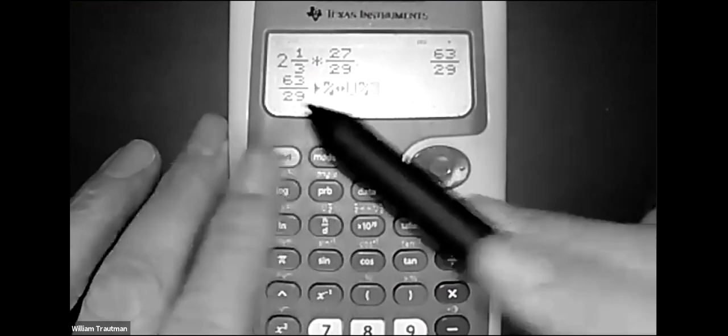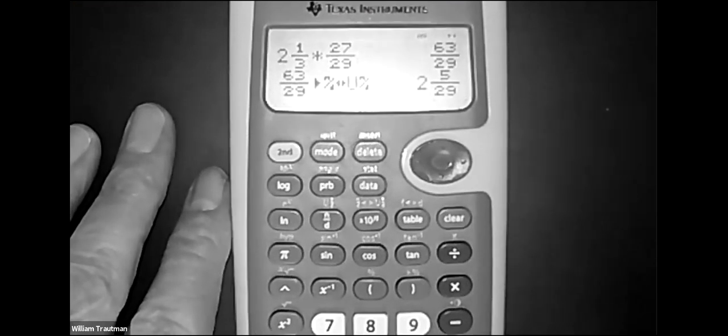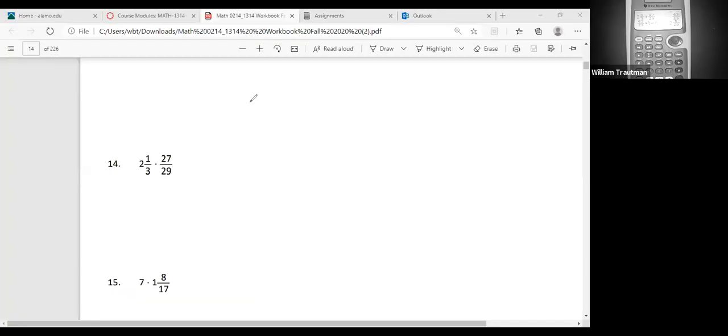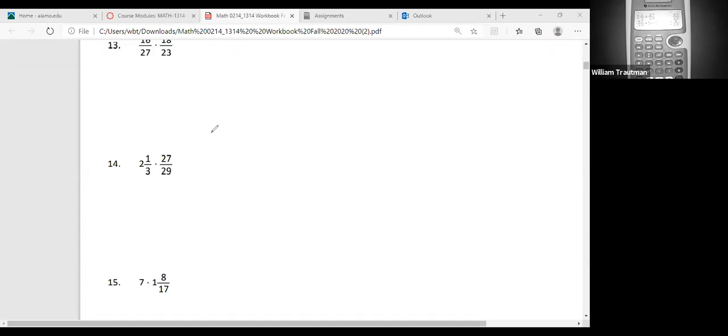I'm going to hit second 10x, and it's going to change 63 over 29 to a mixed number when I hit enter, and it's 2 and 5 over 29. So we got 2 and 5 over 29.